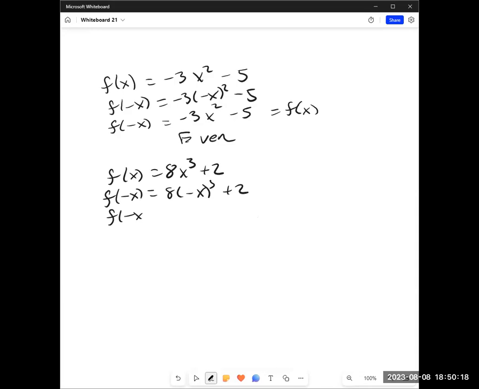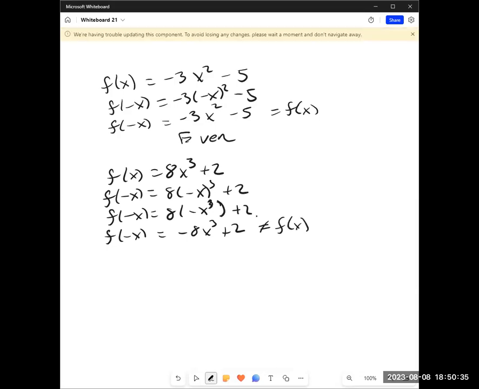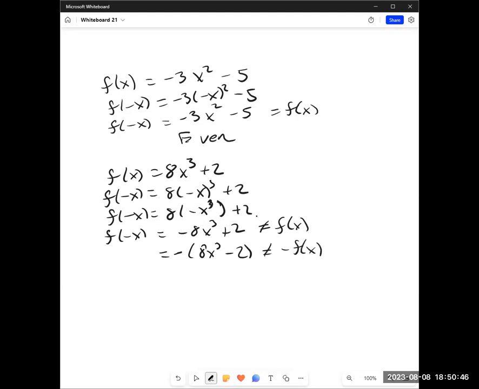That makes f of negative x equal to 8 times a negative x cubed plus 2. f of negative x is equal to a negative 8x cubed plus 2, which is not my original. So I'm going to try and factor out a negative 1. And that's not the exact opposite, so it's neither.